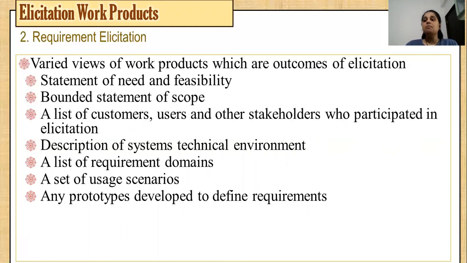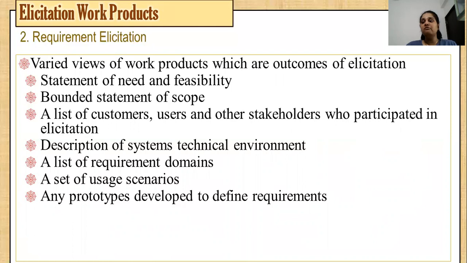You can get a boundary of scope, within which you have to develop your software. You can get a list of all the customers and stakeholders who participated in the requirement gathering meetings. You can get a complete description of the technical environment under which you have to produce this software. You can come to know the skills of the team.